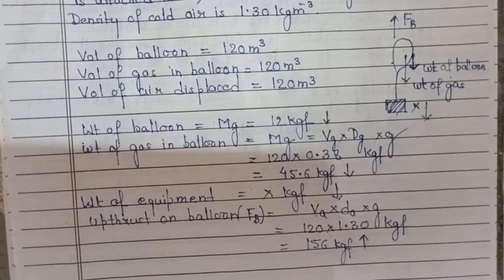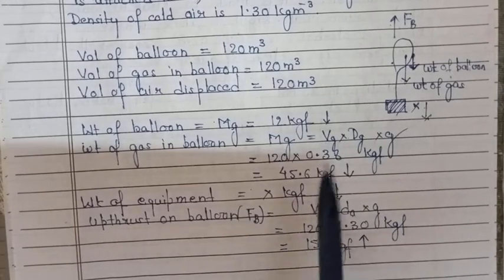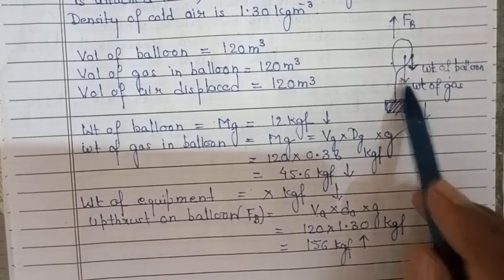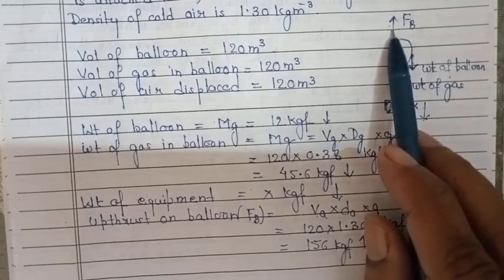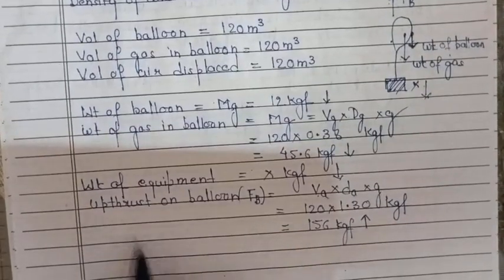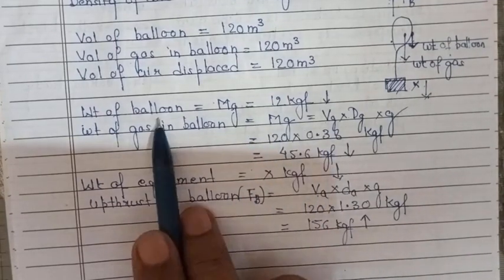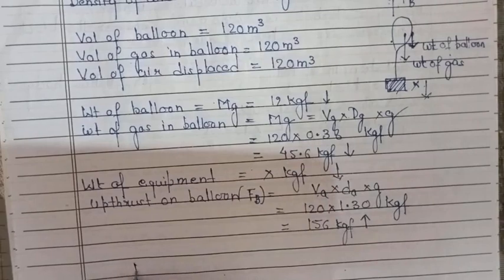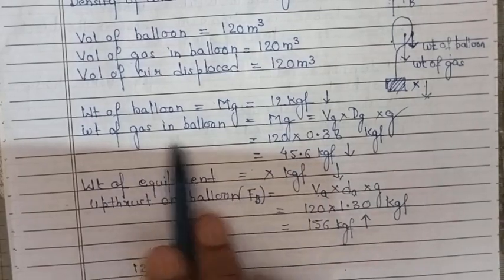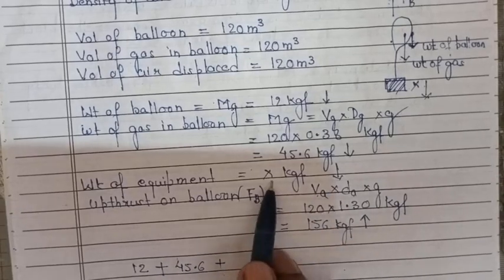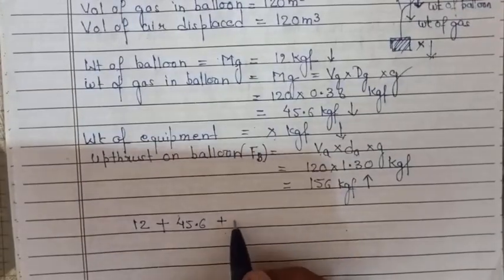So if we see altogether there are 4 forces, 3 of them are in the downward direction and 1 is in the upward direction. So these 3 forces are being balanced by upthrust. So let's equate them. The 3 forces in the downward direction, they are weight of balloon 12 kgf plus weight of the gases in the balloon 45.6 kgf plus the weight of the equipment, that is x.